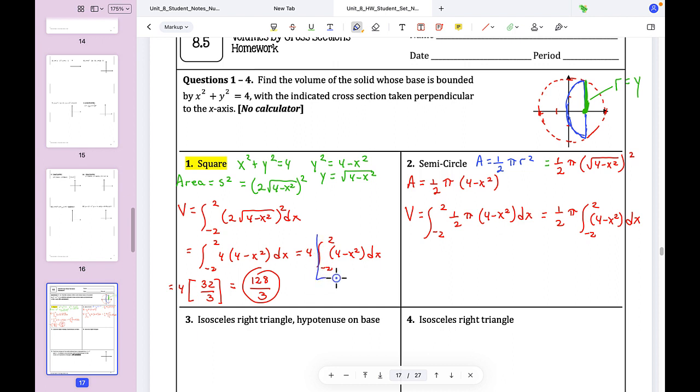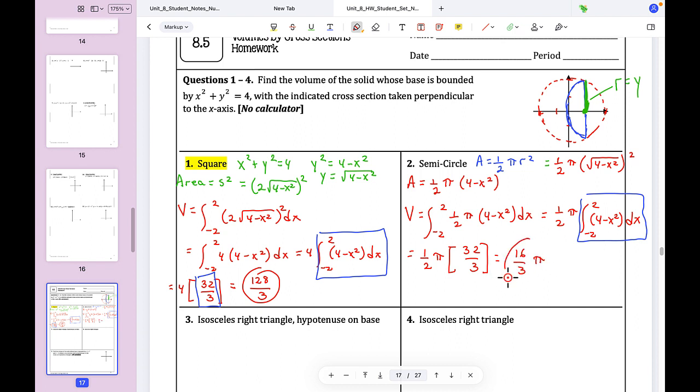The integral from -2 to 2 of 4 minus x squared dx is 32/3. So I don't have to redo that. This is going to be 1/2 pi times 32/3, which is 16/3 pi.